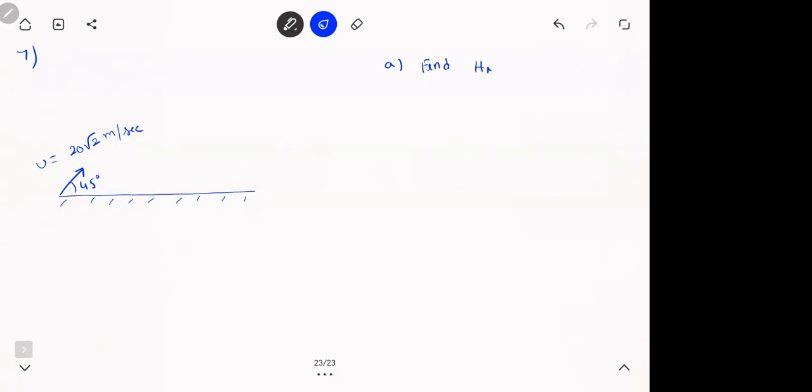Find H max and range. This is the standard one, the first part. The B and C are the important ones.